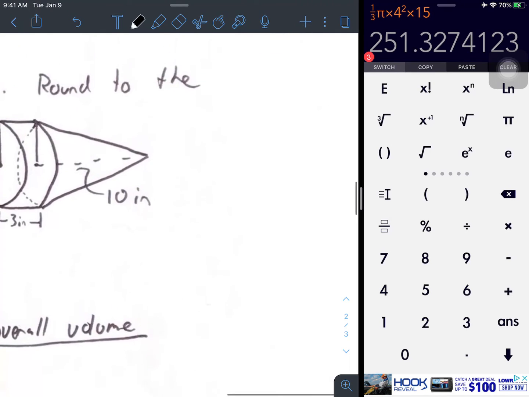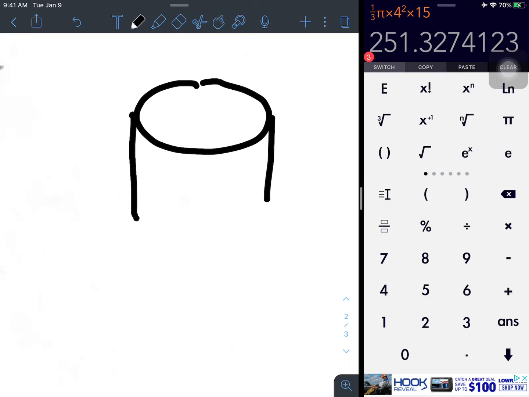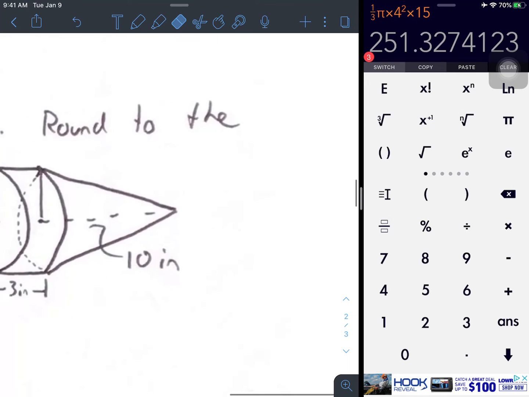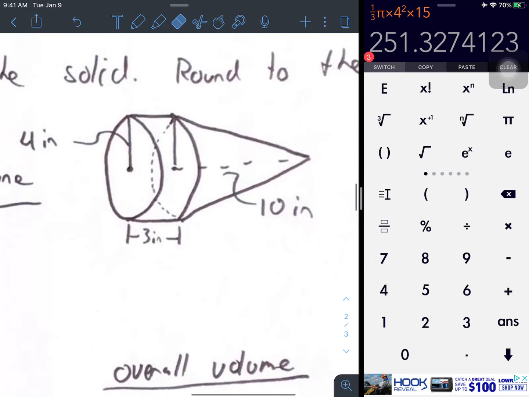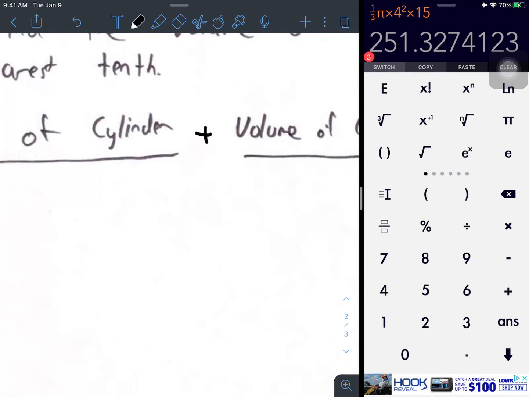But if we had an image or a solid that looked a little bit more closely like this, and we had a cone that was taken out, then we would find the volume of each again, and we would subtract those two. Okay, so make sure that you keep that in mind. But in this case, we're going to be adding them because we have a cone being put on top of a cylinder or next to. So we're going to be adding these two.